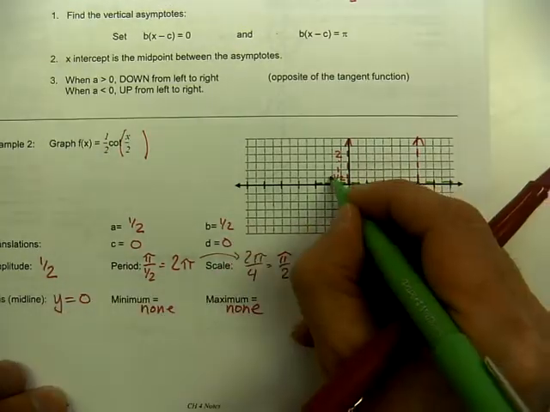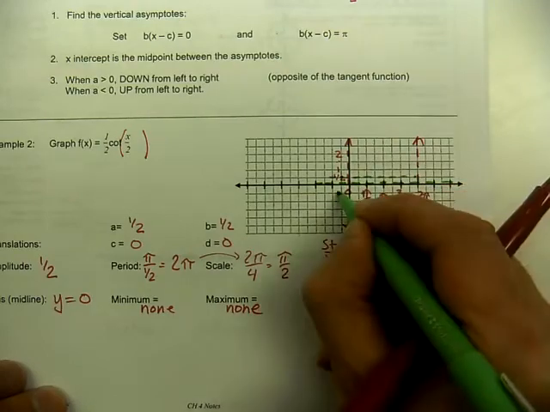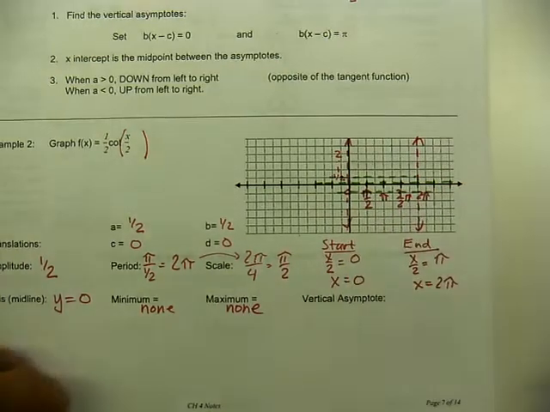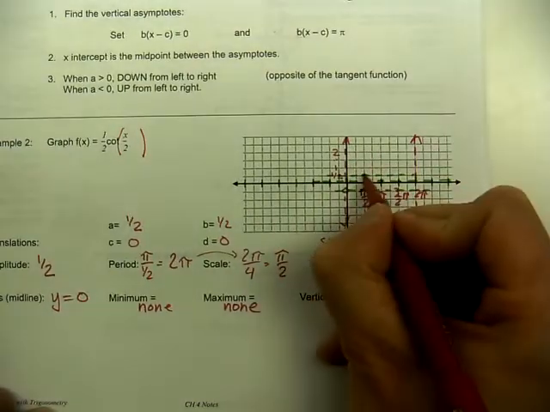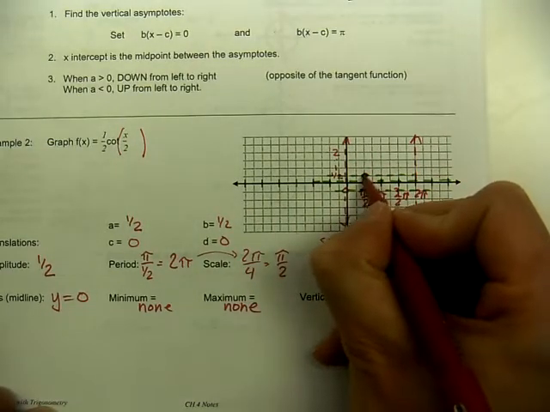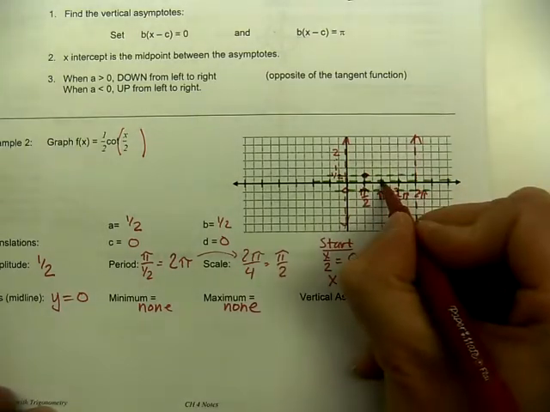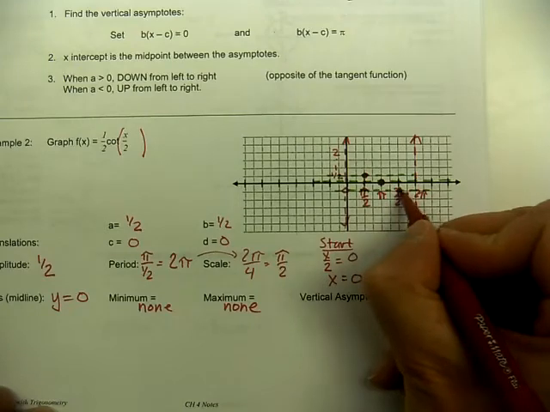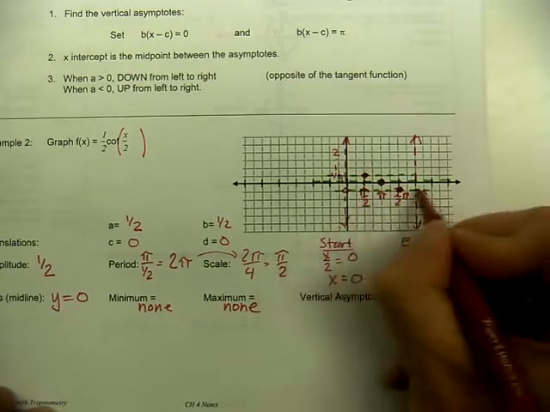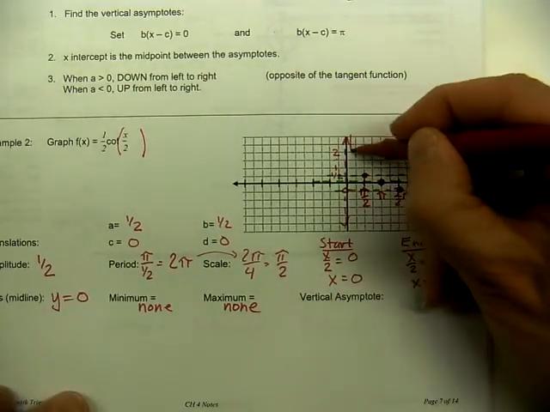My amplitude takes me to positive 1/2 and negative 1/2. So we want a descending pattern here. So at the first tick mark, we're at the top amplitude value. In the middle tick mark, we're on the midline. Third tick mark, we're here on the bottom amplitude value. So it looks like this.